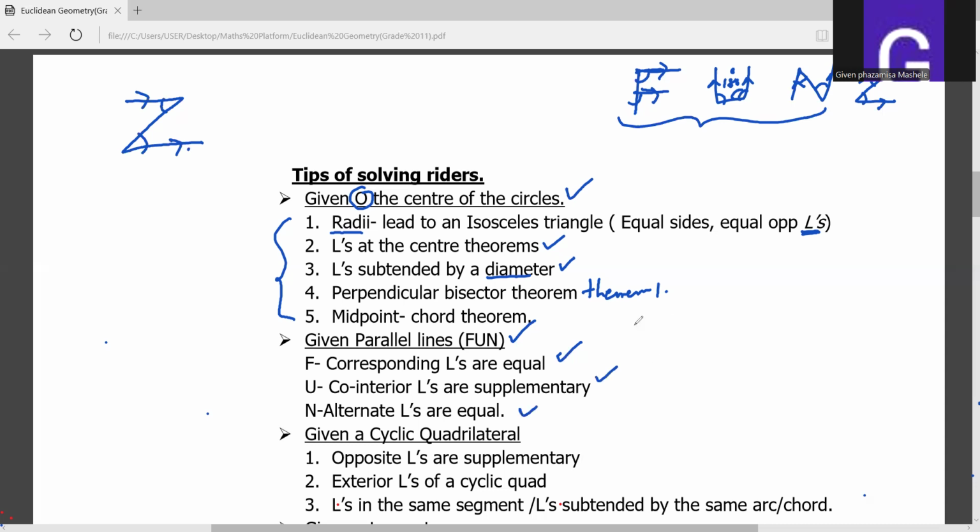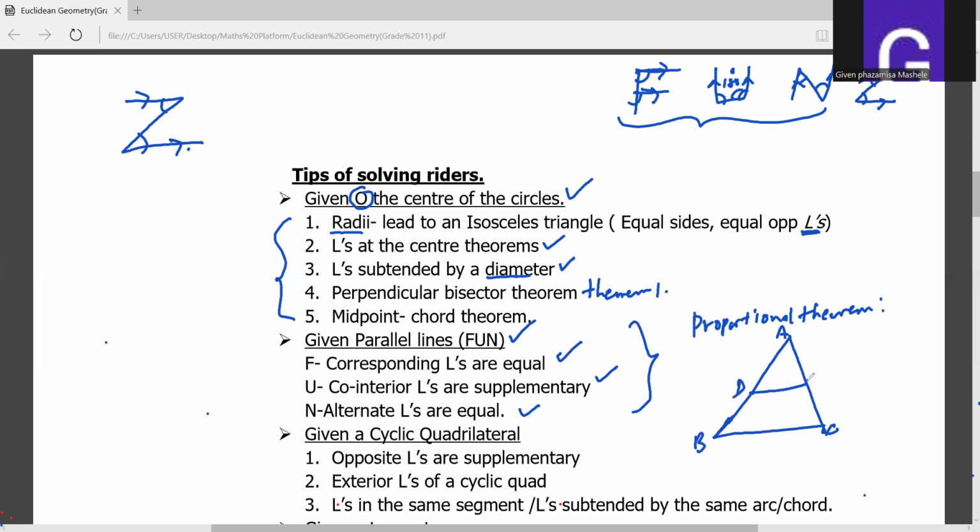But if you are in grade 12, whenever they give you parallel lines, you must also think of the proportionality theorem, which we'll talk about. Because the proportionality theorem also uses parallel lines, because it says a line drawn parallel to one side of a triangle divides the other 2 sides in the same proportion, or divides the other 2 sides proportionally.